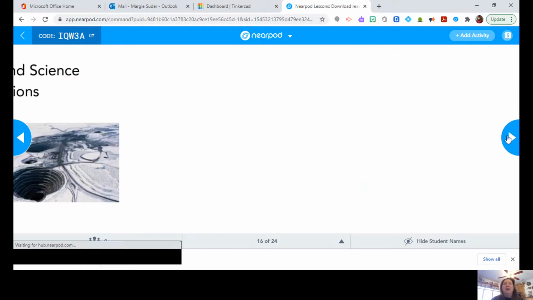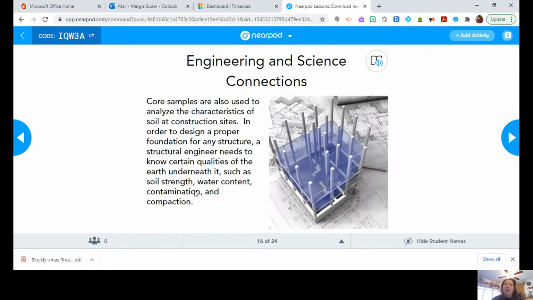Okay. Now, we do a lot of core sampling because we're also looking at construction. Whenever we're going to build a new building, especially a skyscraper or big office building, we're going to do core samples into the ground to see what the ground is like, because certain ground doesn't have the strength, the rocks and the soil, to hold a very heavy building. Buildings are incredibly heavy.